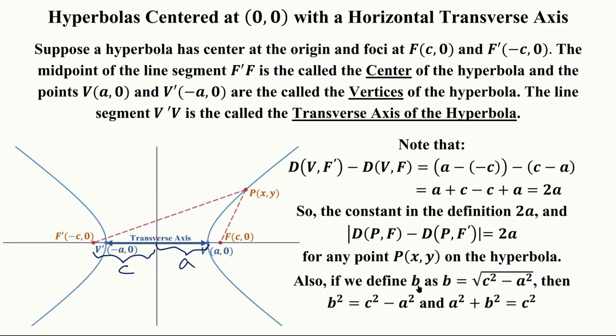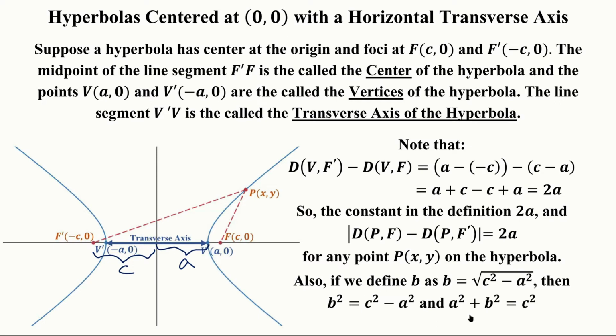So if we now define b in this way, let b be the square root of c squared minus a squared, then we end up with this relationship: b squared equals c squared minus a squared, and therefore a squared plus b squared equals c squared.